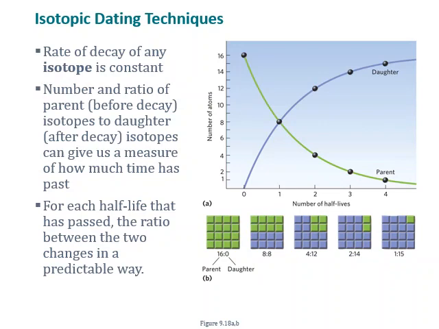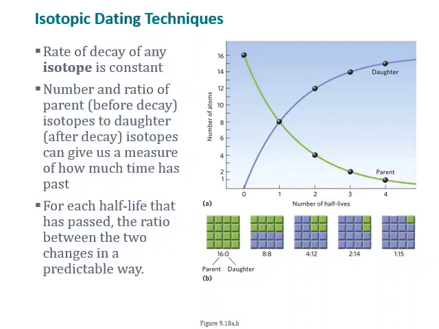This can also be thought of as 100% parent and 0% daughter. After 1 half-life, we've multiplied the parent isotope by 1/2, or divided it by 2, only one time. So we get 8 parent isotopes and 8 daughter isotopes. This would yield a ratio of 50% to 50%, or of 1 to 1.